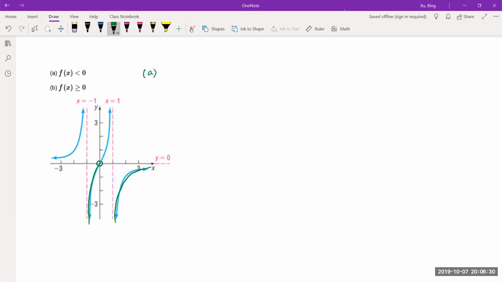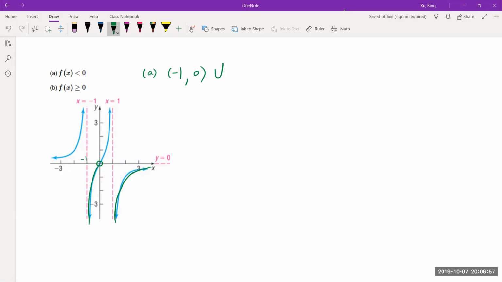So for A, the solution should be, what is from here to here? You have a vertical asymptote at -1. So from -1, -1 should not be included because -1 is not even in the domain. X cannot be equal to -1. From -1 to 0, that's one part.